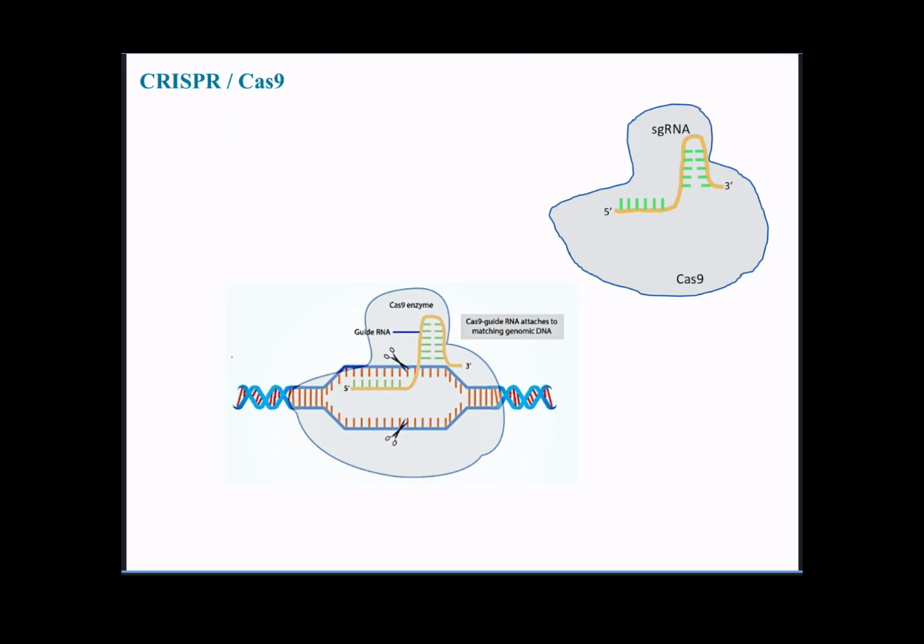Then in vitro or in cells, we assemble the Cas9 with that sgRNA, and then we expose the target cells to that complex. And the Cas9 sgRNA will patrol the nucleus and look for its target sequence in the host cell's DNA until it finds it, and it will introduce those double-strand breaks.